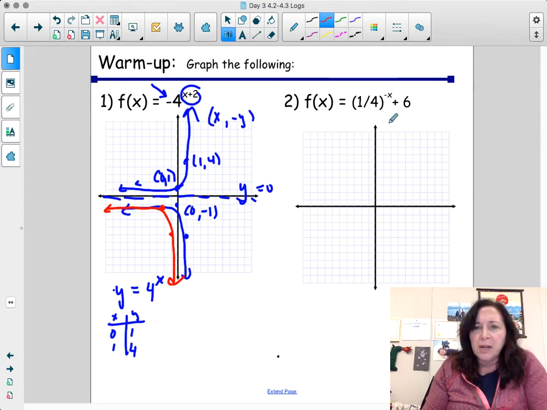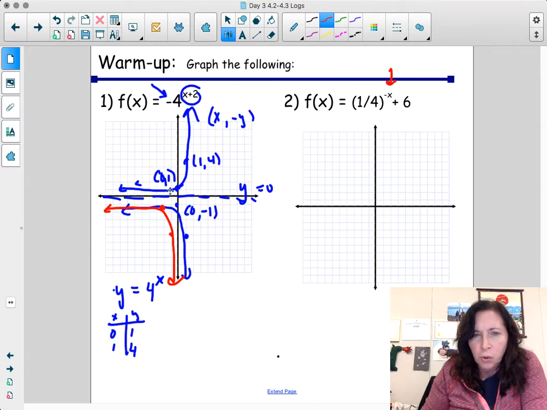For this problem right here, a 1/4, this one is exponential, but instead of a growth, as the first one was, because it's a fraction here, that's actually a decay. So instead of it going up, it's coming down like that. So let's plot our 2 points.